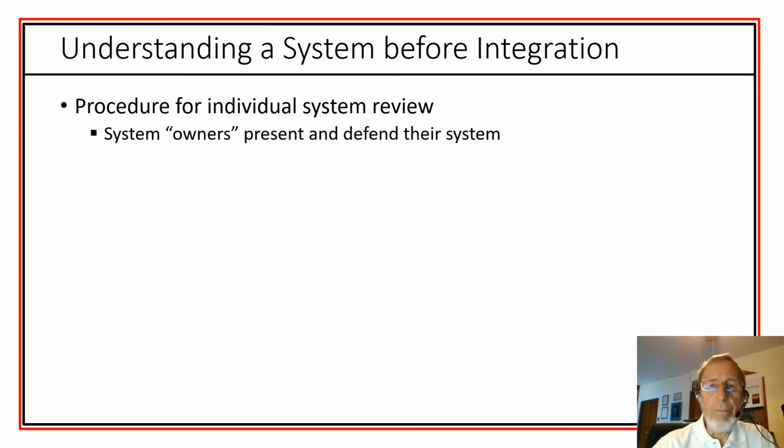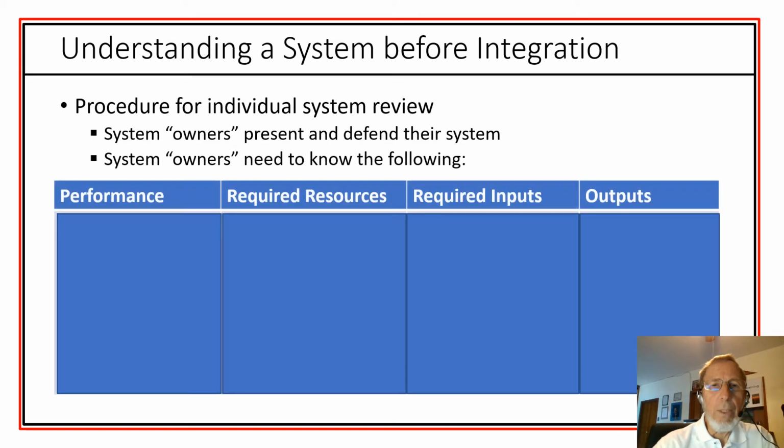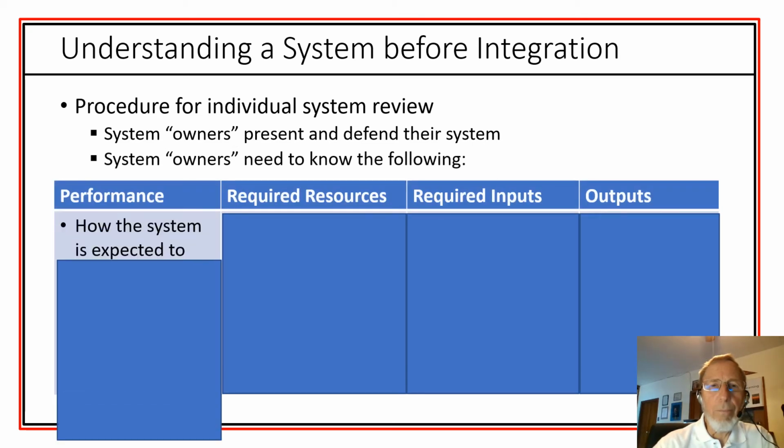It's their job to present the system and defend it as we're attempting to integrate this into the whole design for the robot. These system owners need to know the following.